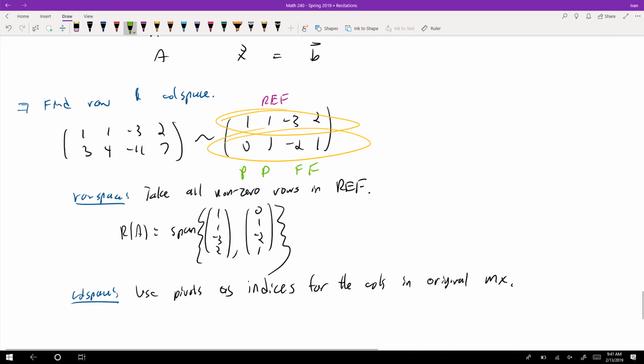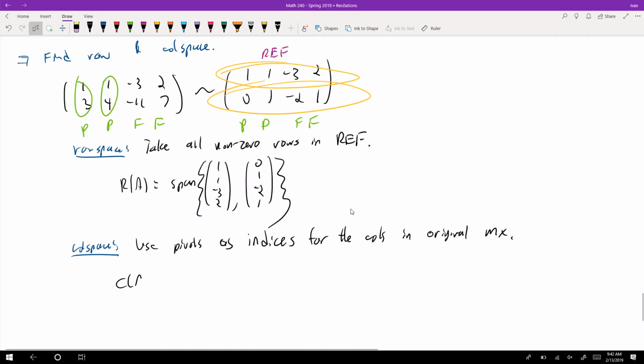And so I go back to my original matrix, pivot, pivot, free, free, and just take the two pivot columns. So my column space is going to be the span of the two original columns with the pivots. All right, so the span is going to be 1, 3, 1, 4. Any questions?